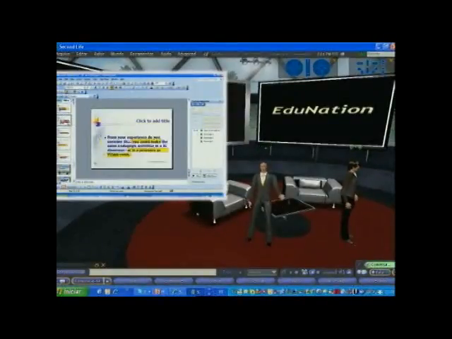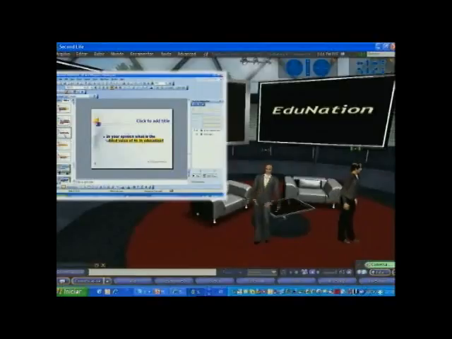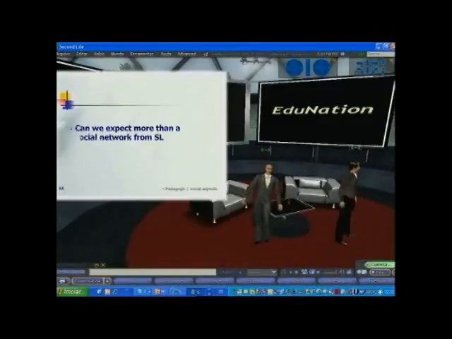Because I think that there are different targets of students. I think we pay attention to the universities, the official degrees, but I know that there are a lot of sandboxes or places in Second Life where there are many workshops or courses about building, photography, different subjects.